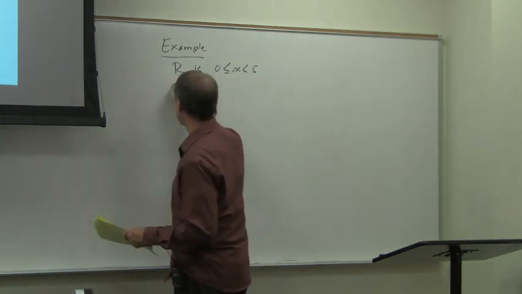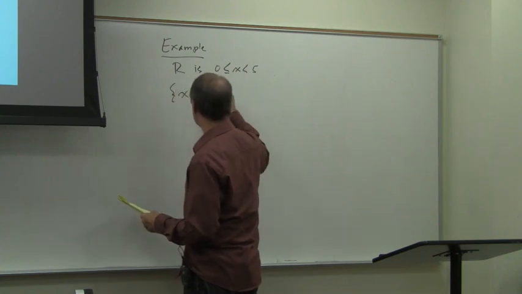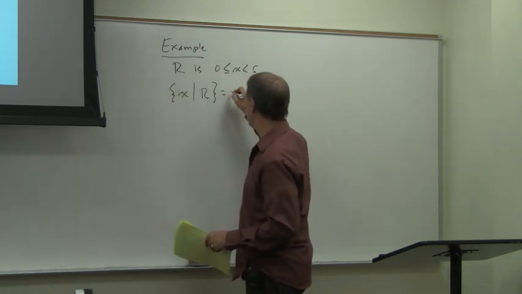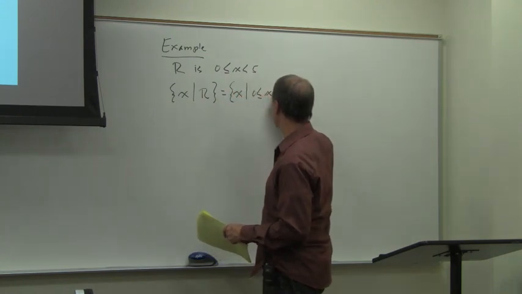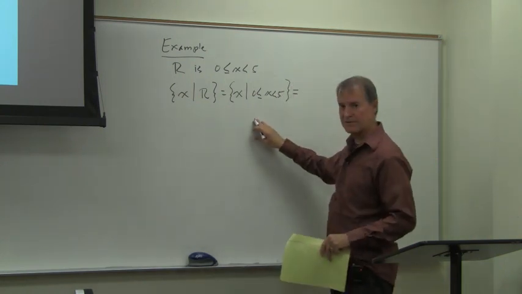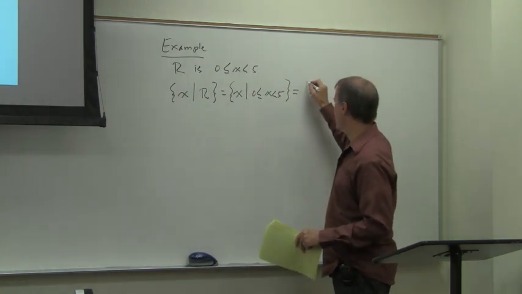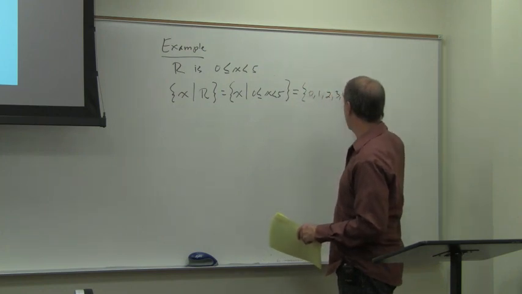So now, what is this, x range R? So what would that equal? That would equal the set x, range 0 less than or equal to x less than 5. And we're going to use the conjunctive meaning of equals here. And so what elements would that be? 0, 1, 2, 3, 4.